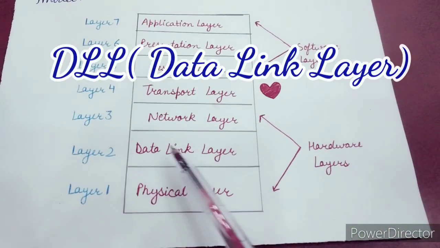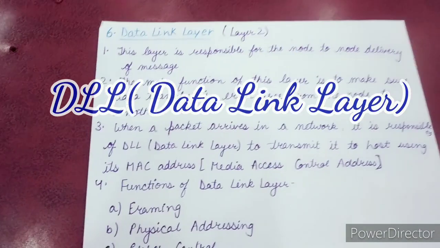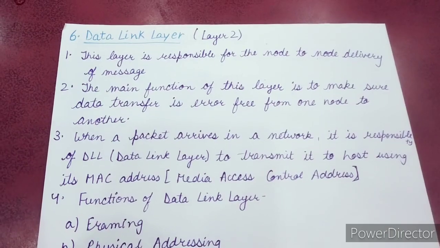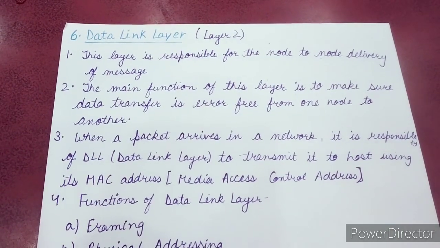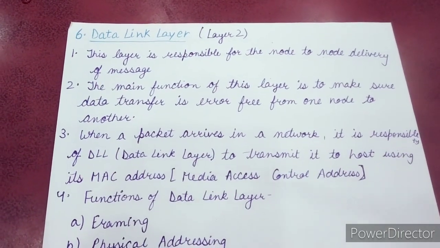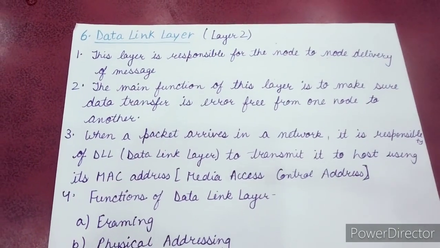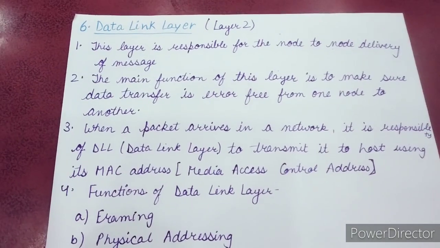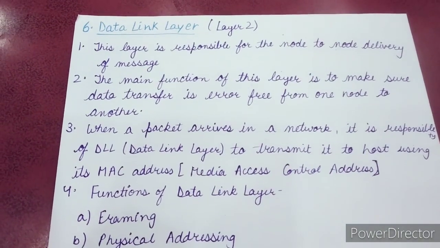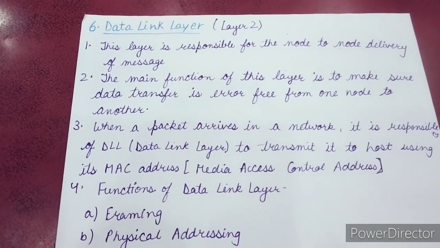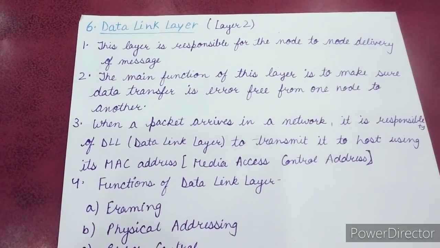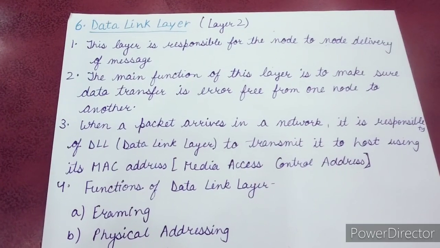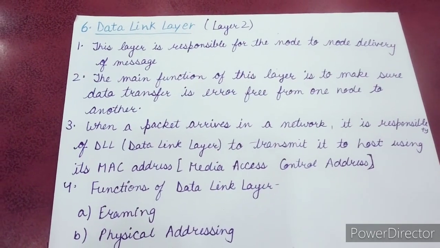Layer 2, the data link layer. This layer is responsible for the node-to-node delivery of the message. The main function of this layer is to make sure data transfer is error-free from one node to another. When someone receives a packet, it is the responsibility of the data link layer to transmit it to the host using its MAC address.